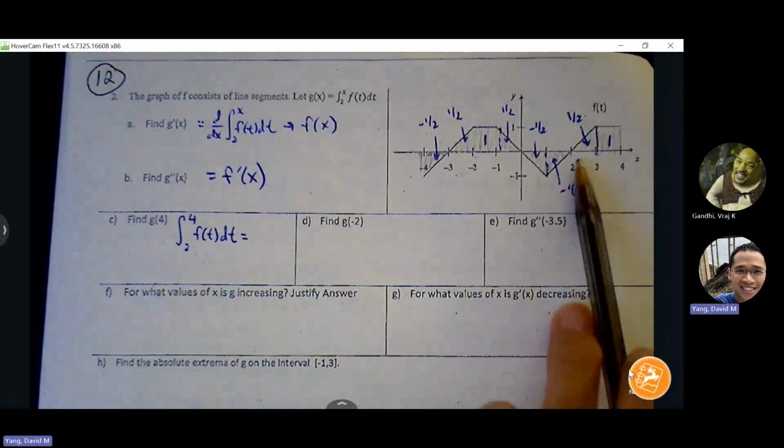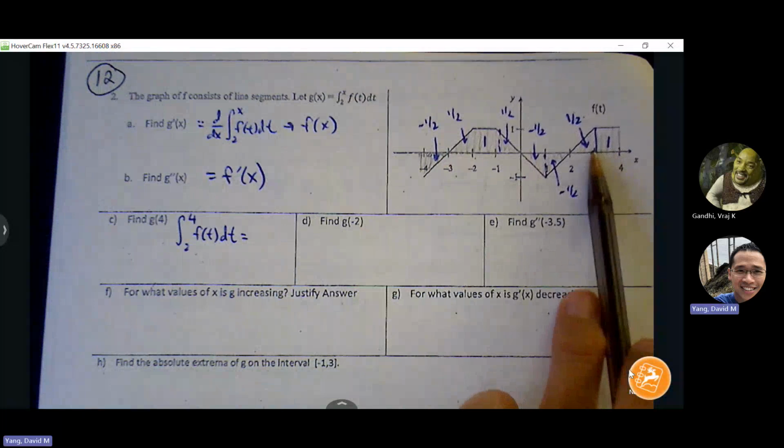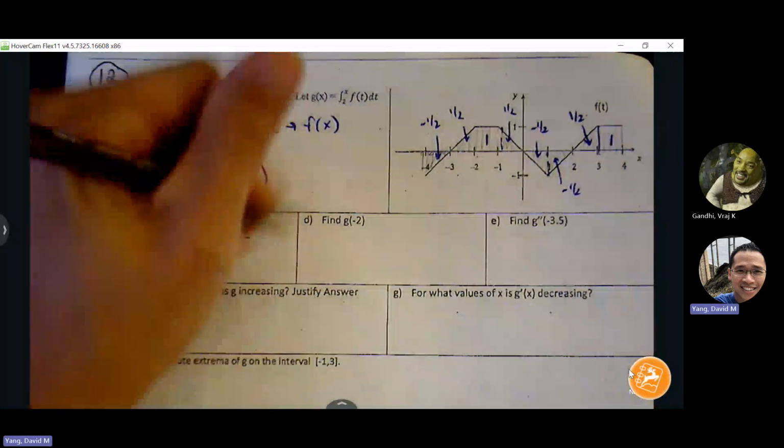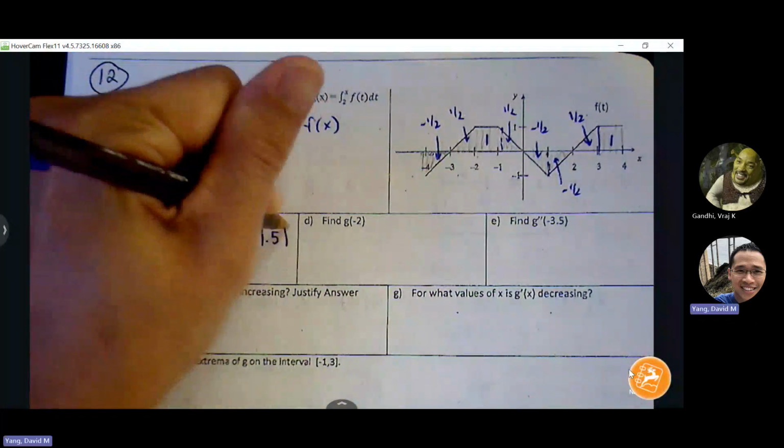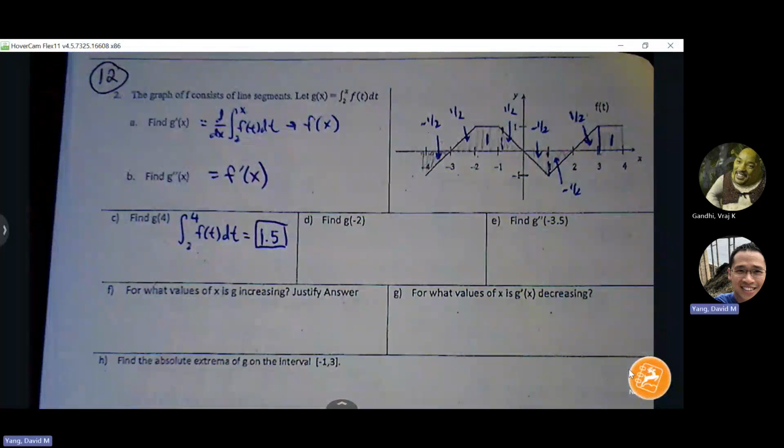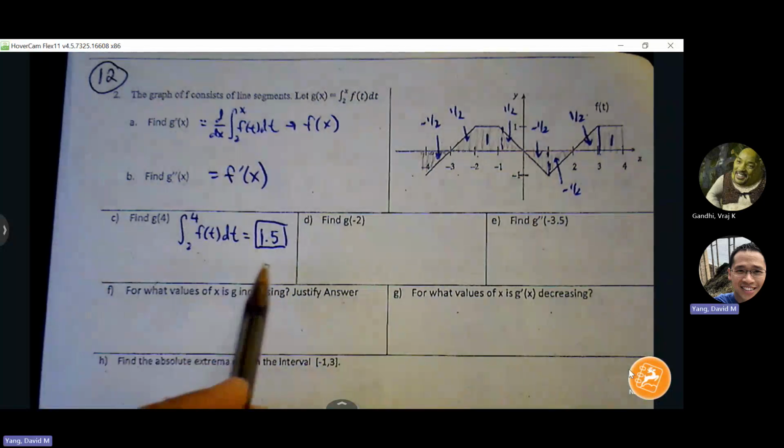So from 2 to 4, it's just 1 half plus 1, so 1.5 or 3 halves. You don't care whether it's decimal or fractions, as long as it's exact. Like if it's 1/3, I want to see 1/3 rather than 0.333. But if they're exact, then it doesn't matter.